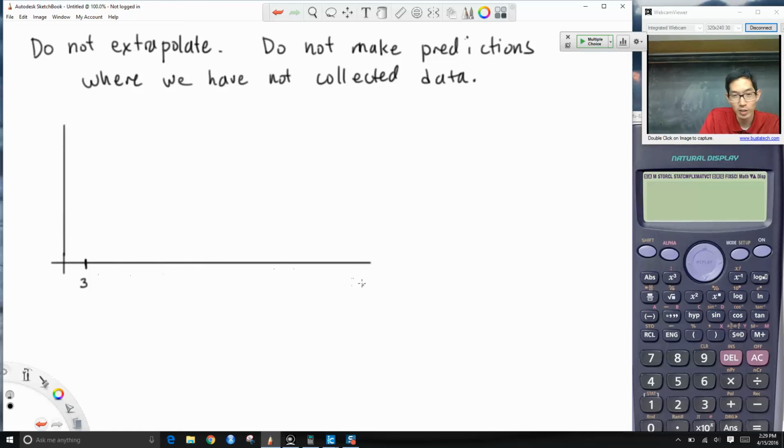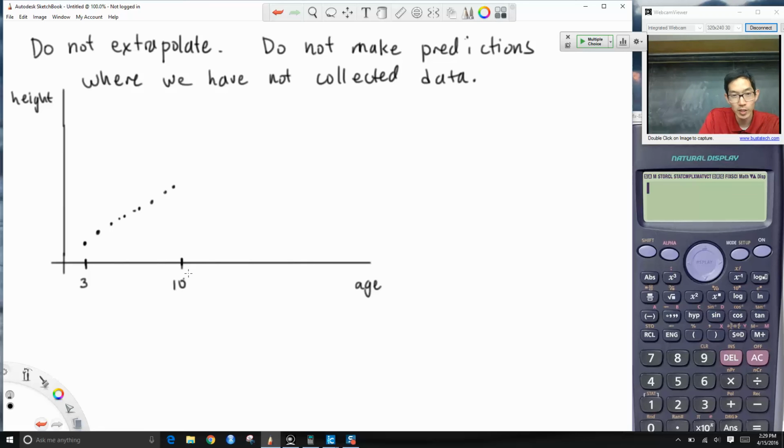So on the x-axis we've got age, and then we're going to measure the kid's height. At 3 years old, he's this tall, and then the next year he's this tall, and you measure the kid's height every year, and maybe even multiple times a year, okay?